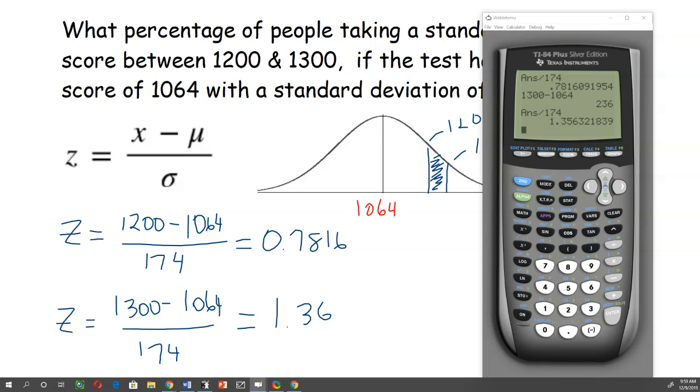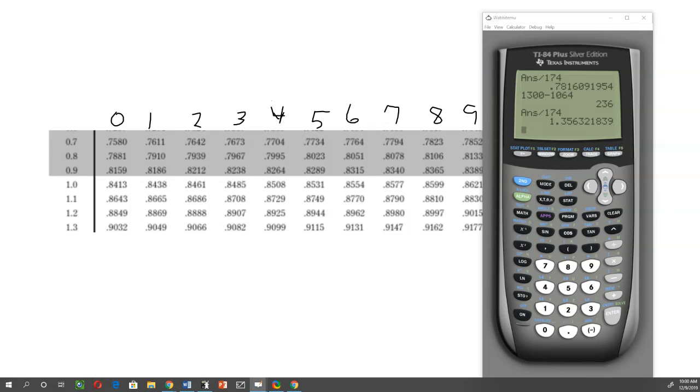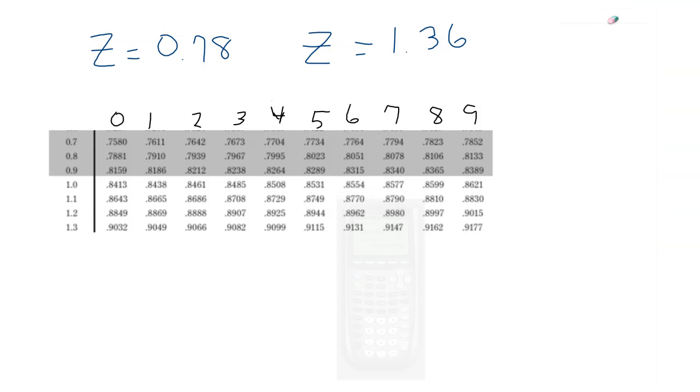So now what do we do? We go to our Z table. We find those two Z scores that we just found. So we have a Z of 0.78, and we had a Z score of 1.36.